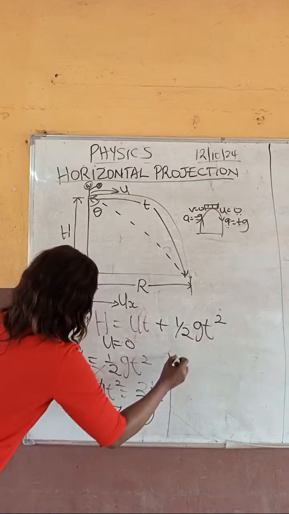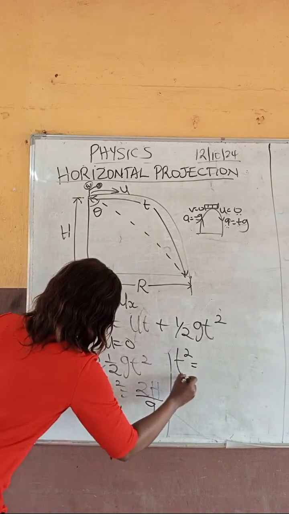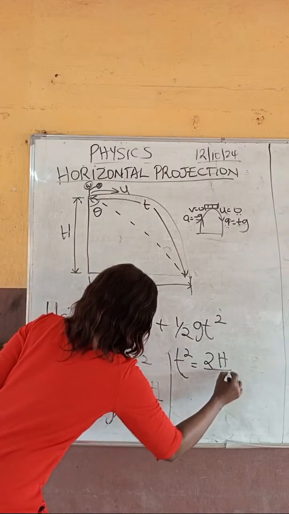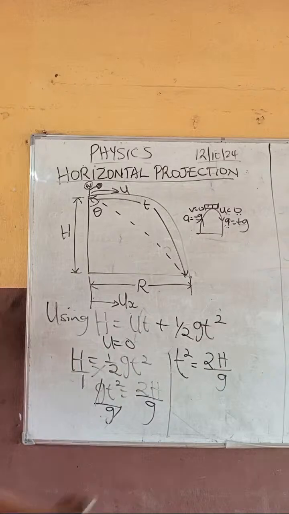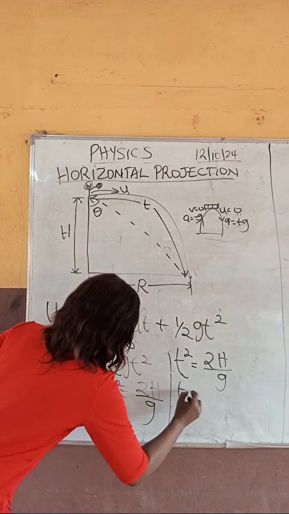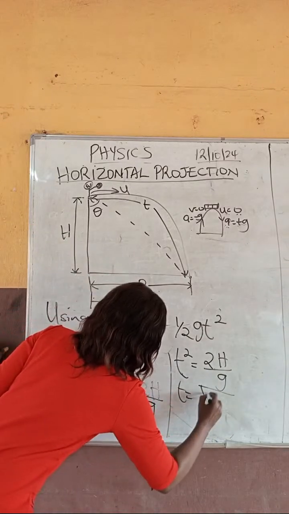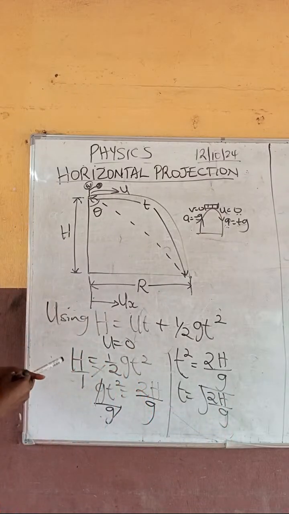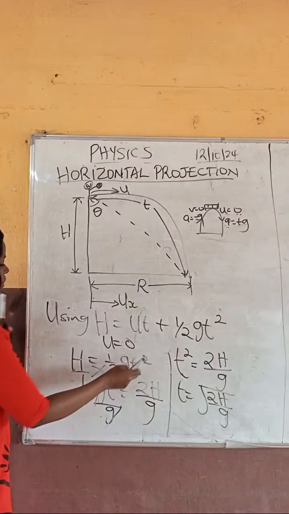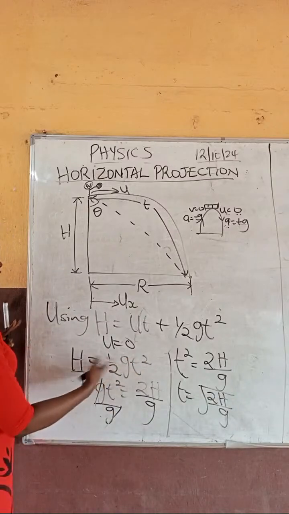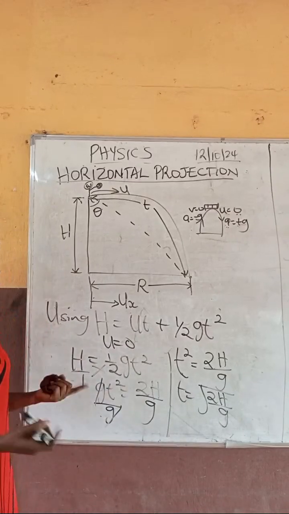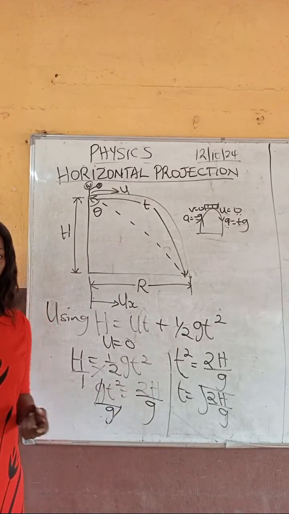So I have t squared is equal to 2h over g. Therefore, t is equal to root of 2h over g. That is, if you are looking for this time, you can still put in your values and get your answer by making t the subject, which is the same thing as what I just did, right?